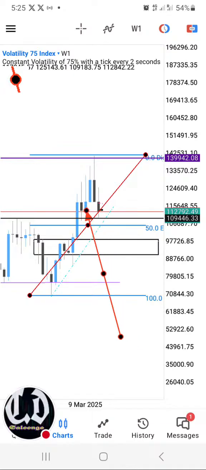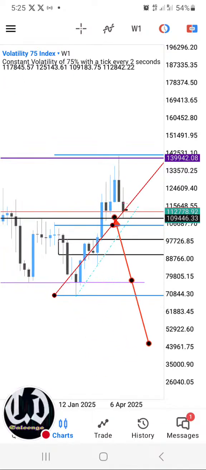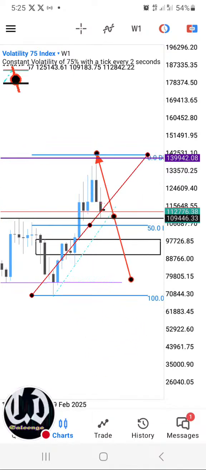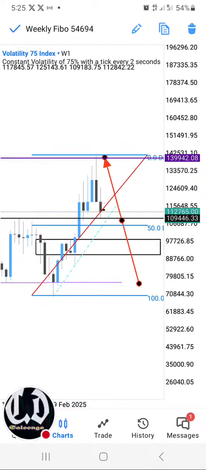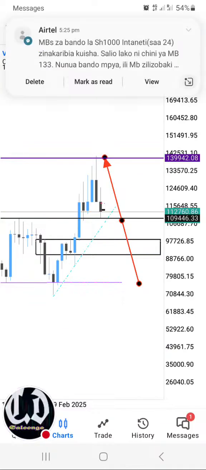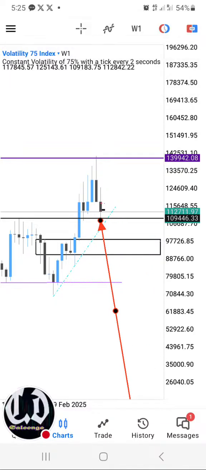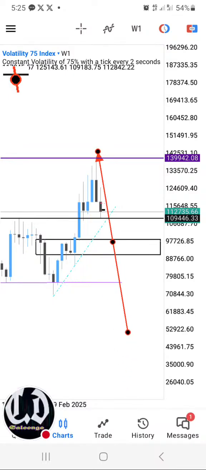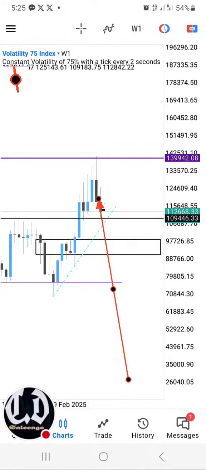So as we can see, from here, the monthly resistance, let me remove this Fibonacci. We can see very well that this candle from this monthly resistance had a big push this week, and got rejected so much.